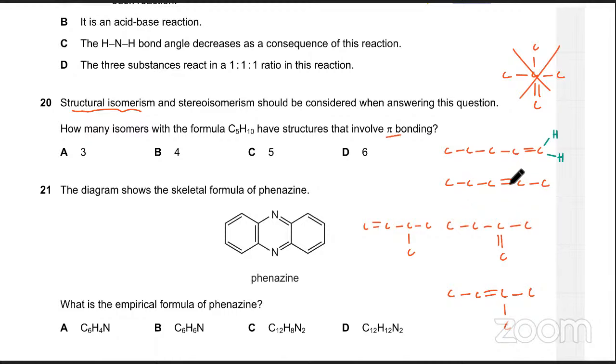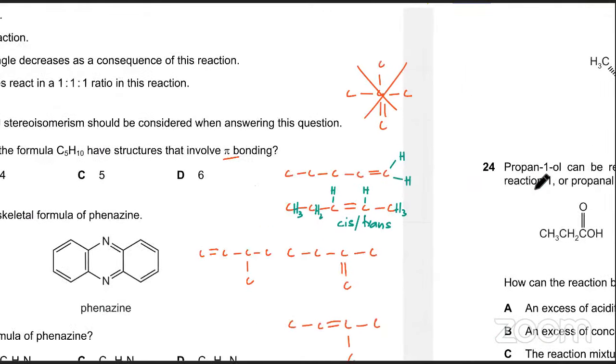Because the double bonded carbon atoms are bonded to 2 different groups. This one is bonded to 2 different groups, and this one over here is also bonded to 2 different groups. On one side, there is CH2 and CH3. So that is 2 different groups. So this would be counted as 2. There's going to be a cis version and a trans version of this molecule.